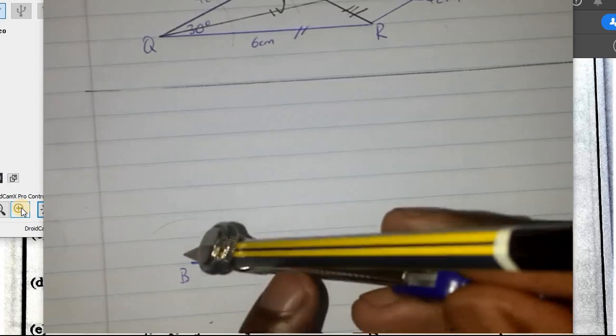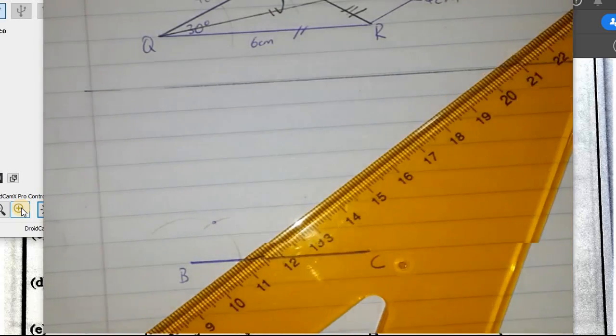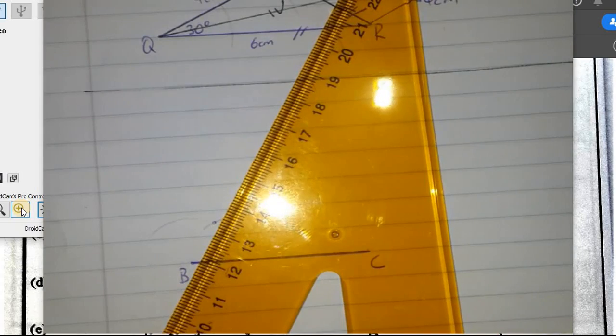They then constructed a 60-degree angle with a suitable radius. Come here, cut where it intersects. There we go. Draw your construction line here.